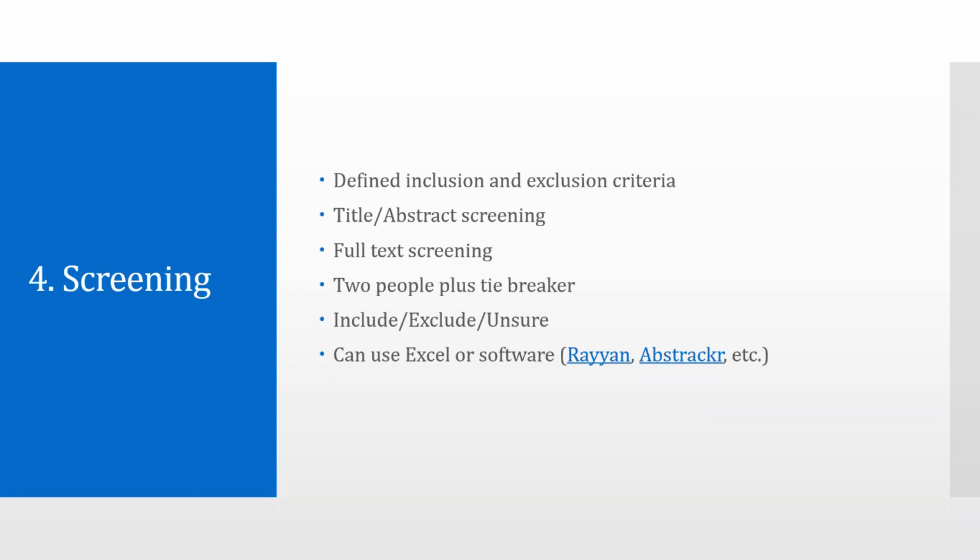If you've ever been to a fish market, he gets a load of fish and he's sorting very quickly through those based on title and abstract. So you're in, out according to your inclusion exclusion criteria.